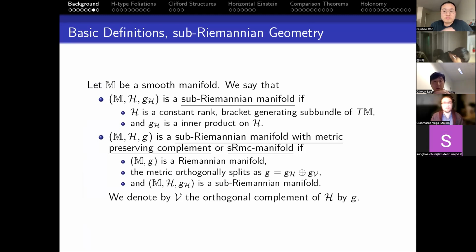But most of the constructive examples of sub-Riemannian manifolds are, for example, contact manifolds, and in that case, yes, it is automatically a smooth vector bundle. In fact, it's a foliation. But it's not possible in general. It is definitely possible to construct sub-Riemannian manifolds for which this can't happen.